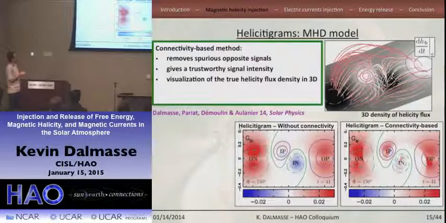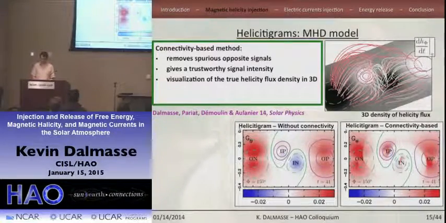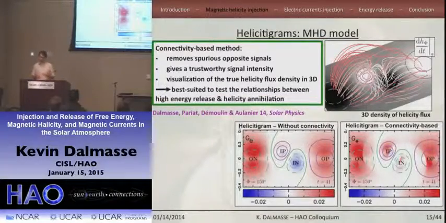And this is illustrated here, where I'm plotting the helicity flux density per field lines, and where you can see that the motions are inducing only red signals, which means positive helicity flux. And so to conclude, this method is best suited to test the relationships between high energy release during flares and helicity annihilation.